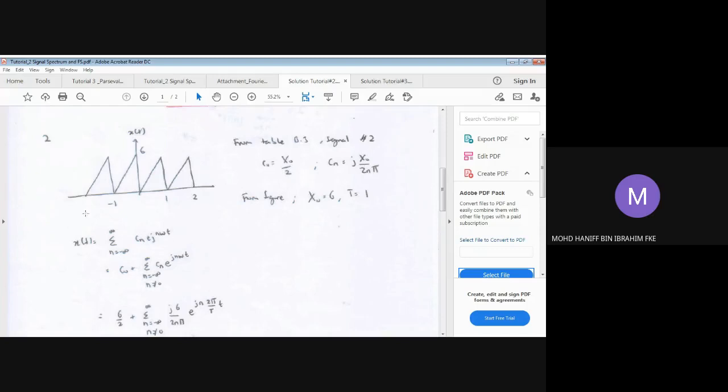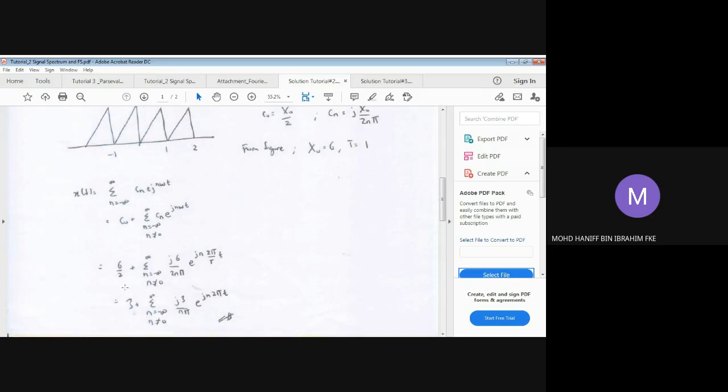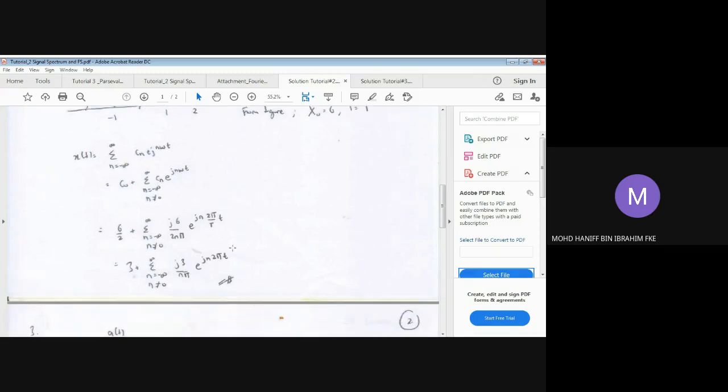So this is the general equation for the Fourier series for complex exponential. We have C naught plus the summation, n from negative infinity to positive infinity, of Cn e^(j n omega t), with n not equal to 0. By substituting the C naught and Cn into this equation, we get these terms, and then by substituting x naught and T into the equation, we end up with these equations.